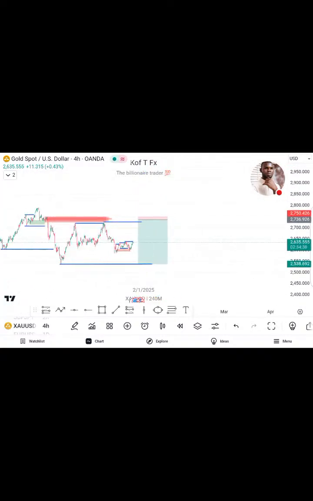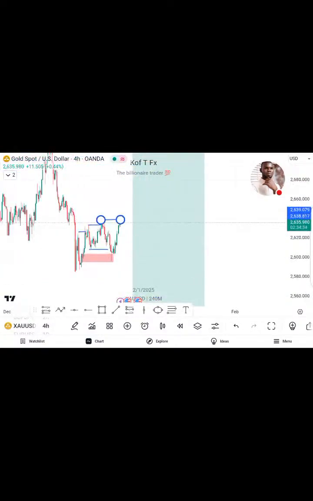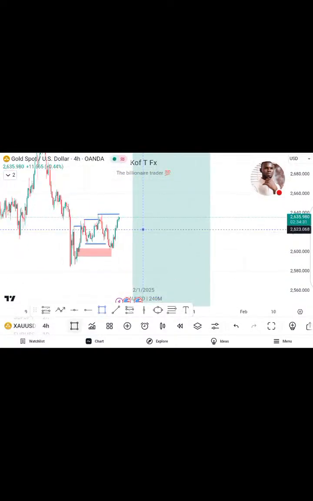For now, this I will be taking out, and there's still an unmitigated zone here too.